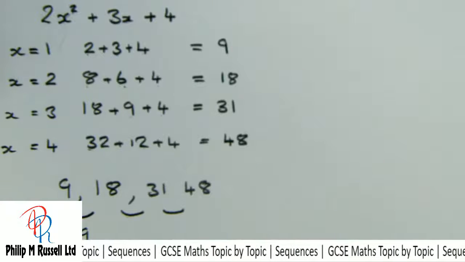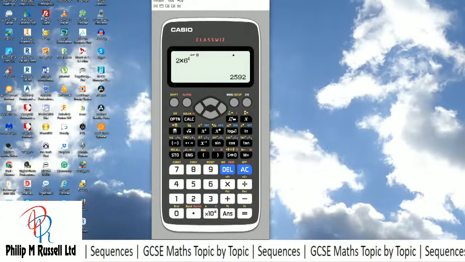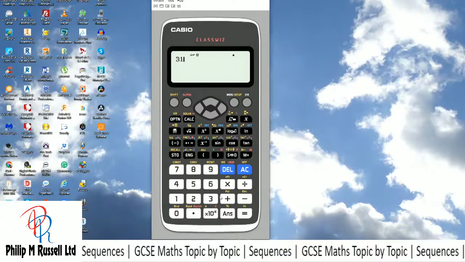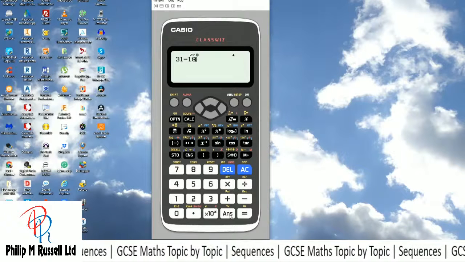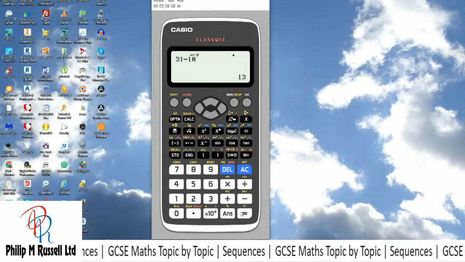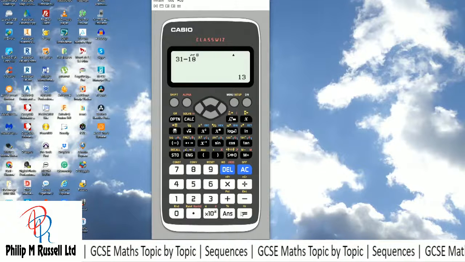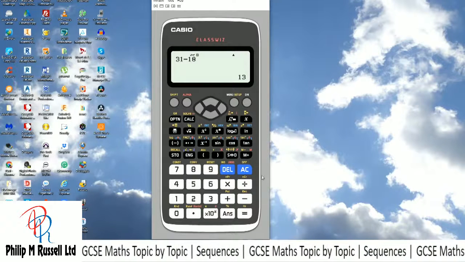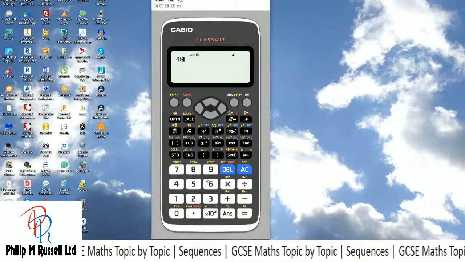Then the next one is 31 minus 18. You can do it in your head, or with many of these you've got the calculator to help you. So we've got 13, and then our next one we've got 48 minus 31.